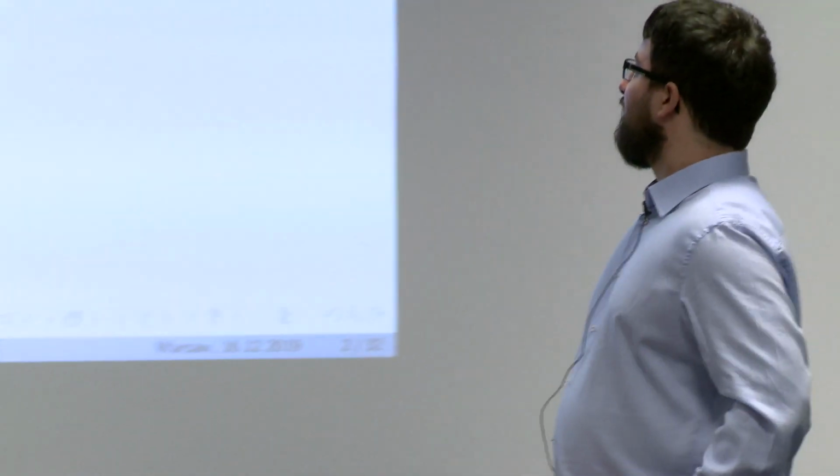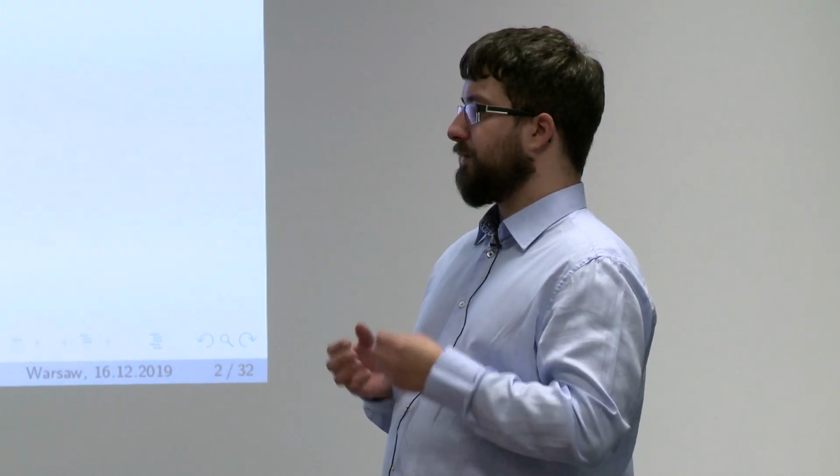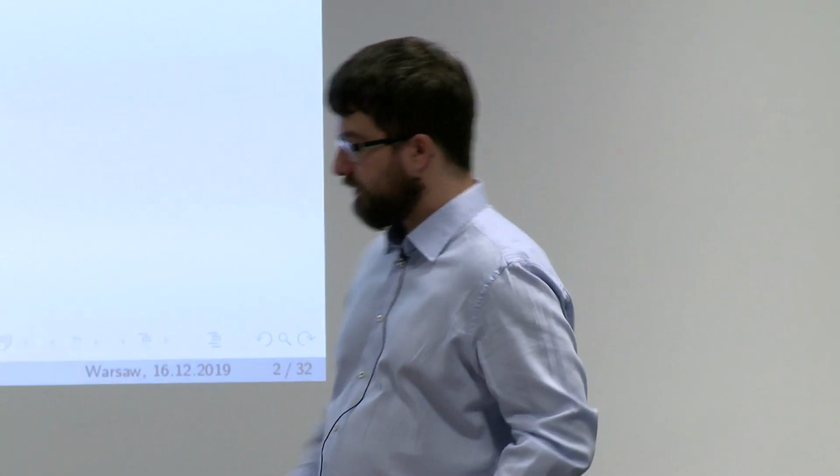I will start with a brief explanation of how Grover's search actually works. Then we will deal with some problems that may appear when solving a search problem, in our case max-cut. And then I will mention at least two sources, two communities where you can learn more about quantum computation.